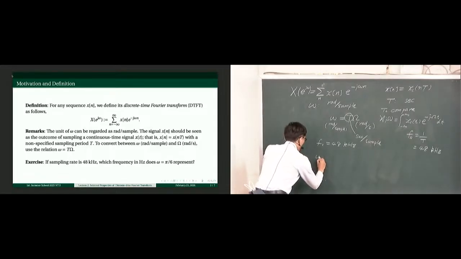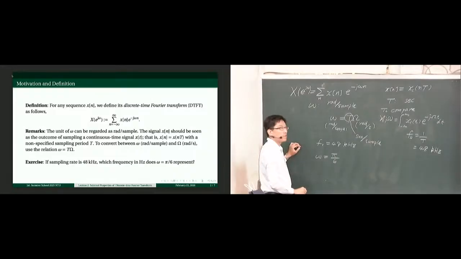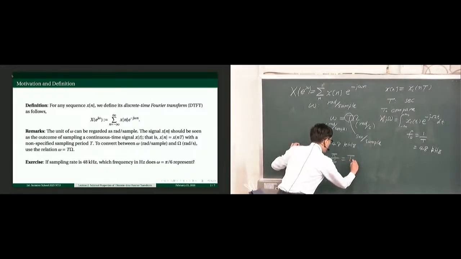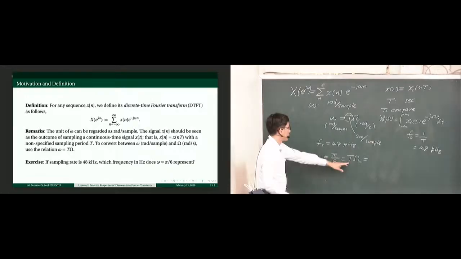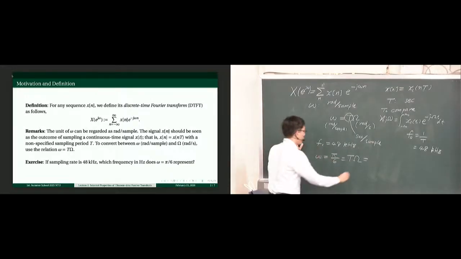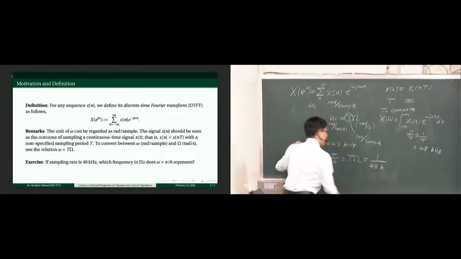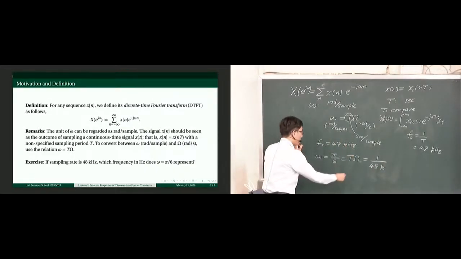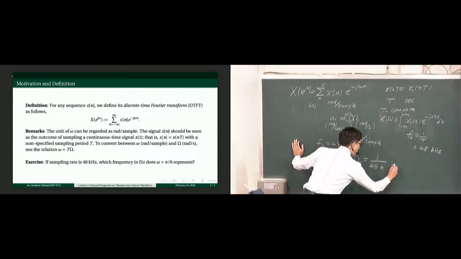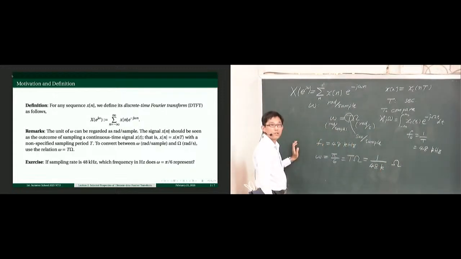So omega equals pi divided by 6, which equals T times big omega. What is T? T is 1 over the sampling rate, 1 over 48k hertz, times this big omega that we don't know yet.